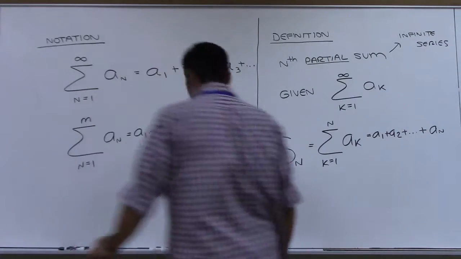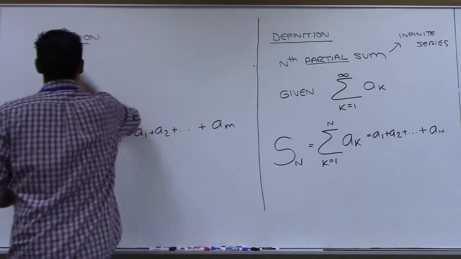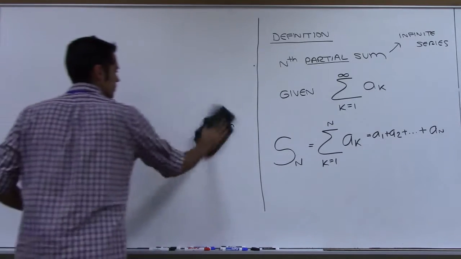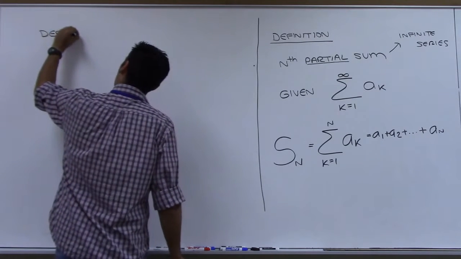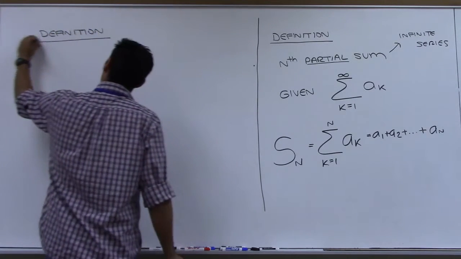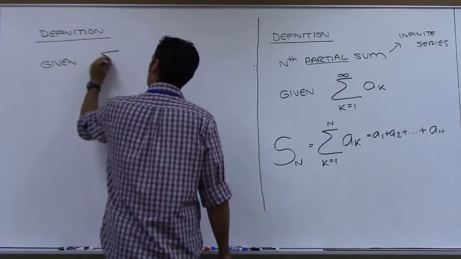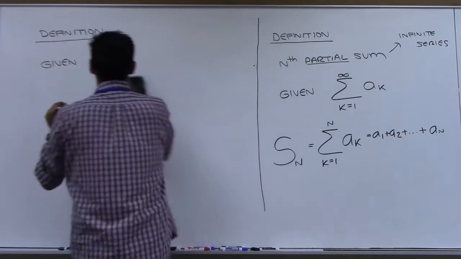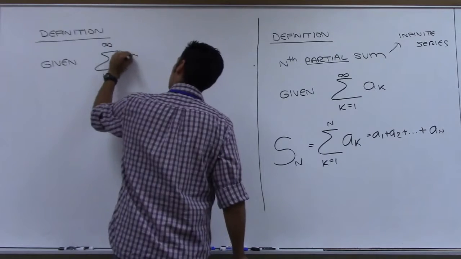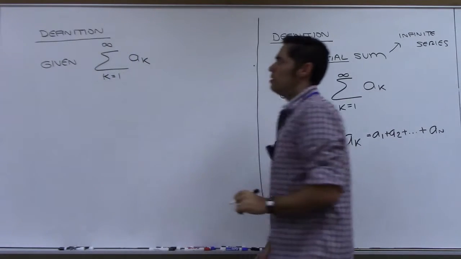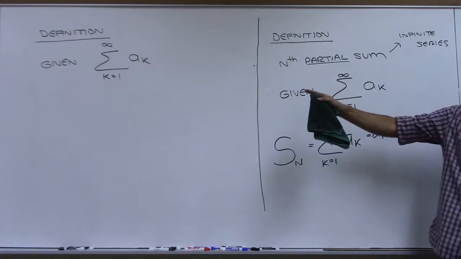Now, we move on to another definition. Given the sum, I'll use k again, k equals 1 to infinity of a sub k. So that is what? We're given a what there? An infinite series.